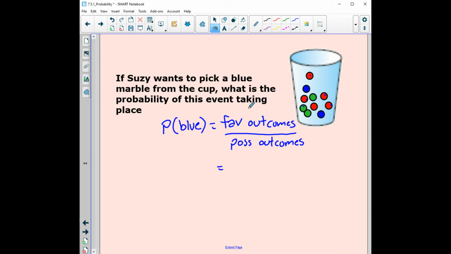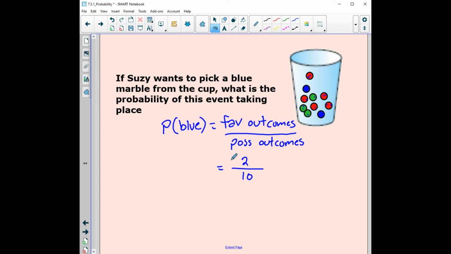How many favorable outcomes are we looking for? We're looking for blue. So that is 2 out of the number of possible outcomes. We have 1, 2, 3, 4, 5, 6, 7, 8, 9, 10. 2 out of 10 chance.